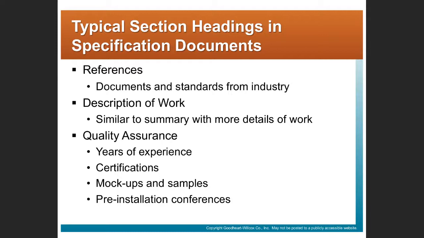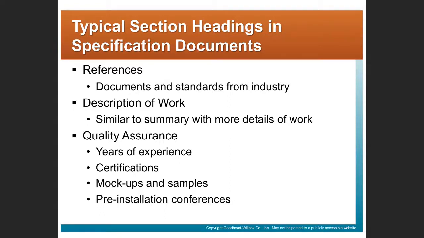References. Depending on what division you're in, if we're in division 26, electrical, the reference might be to the NEC. It might say follow this particular standard, and there are standards for any number of things: the paint, the finish, the door handles.